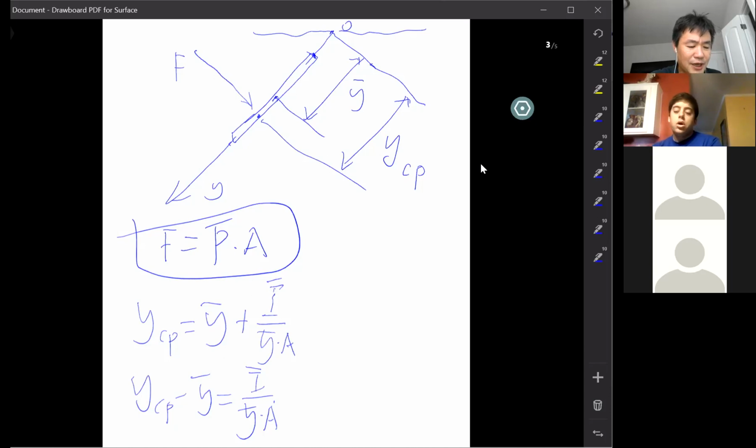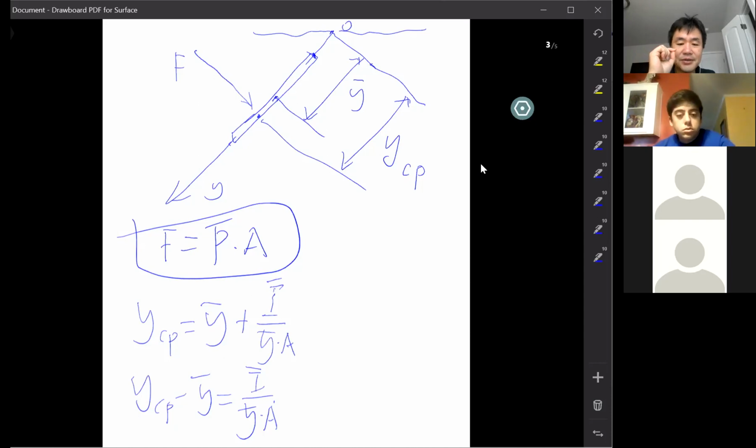For the triangle it's a little bit more complicated. I bar will be B H cubed divided by 36. What is B? B is the bottom side. H is the height of the triangle. It's not the side, it's the height. So follow this definition for the moment of inertia of the surface.